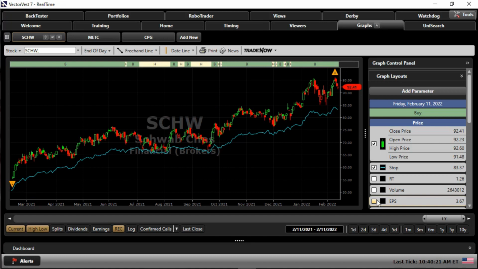So if I wanted to properly size the position according to what my max stop loss might be with this particular stock, how do I do that? Well, for a longer term investment, there's really no better guide or no better stop price to use than the VectorVest stop price. It's a 13-week adjusted moving average, and we adjust the moving average for the fundamentals of the company.